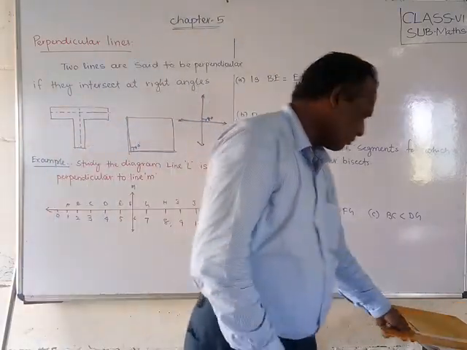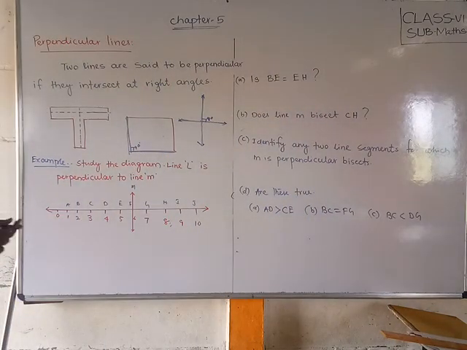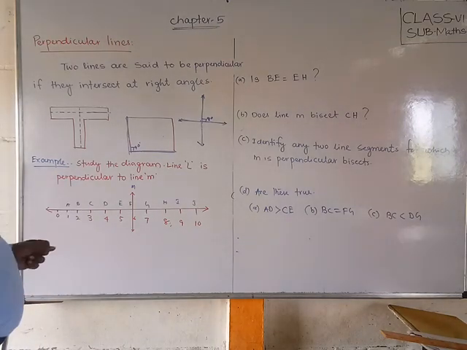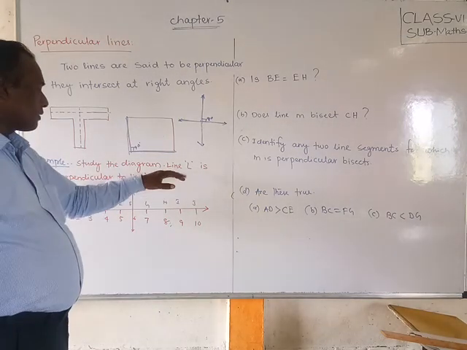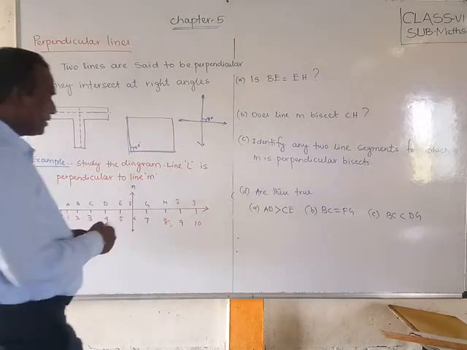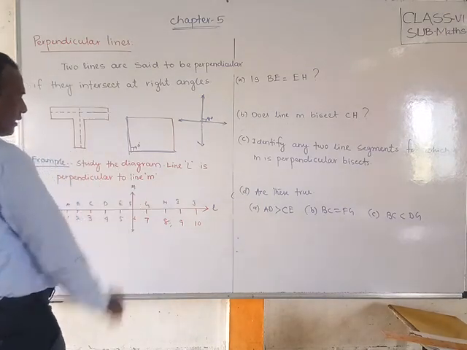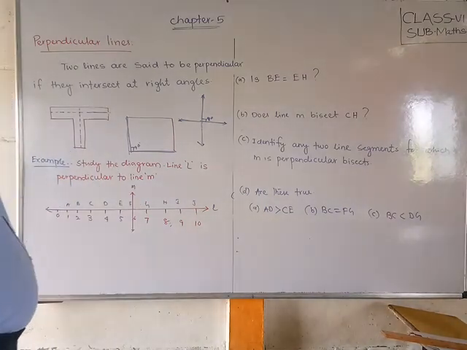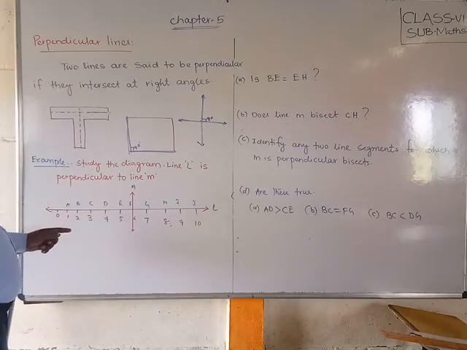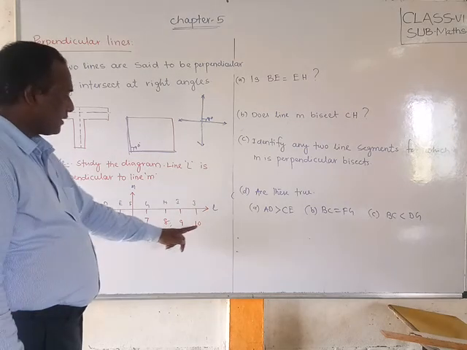Friends, for better understanding I have given one example. Study the diagram: line L is perpendicular to line M. This is line L and this is the line I have drawn, M. How many points have I given on this line? 10 points: 0, 1, 2, 3, 4, 5, 6, 7, 8, 9, 10.